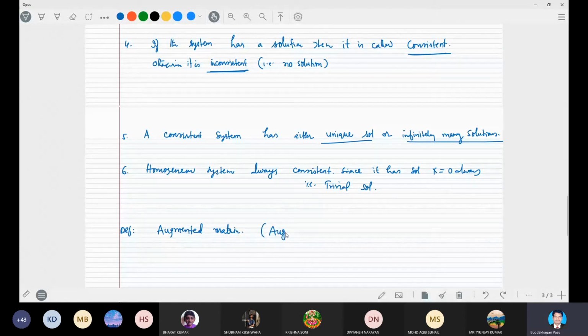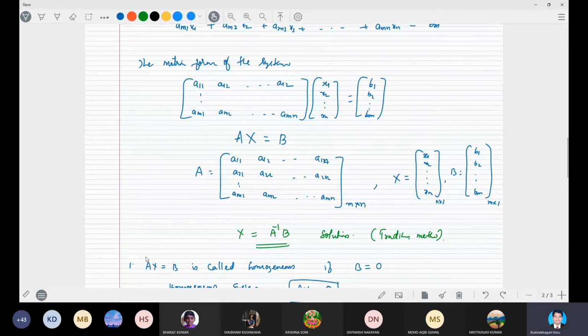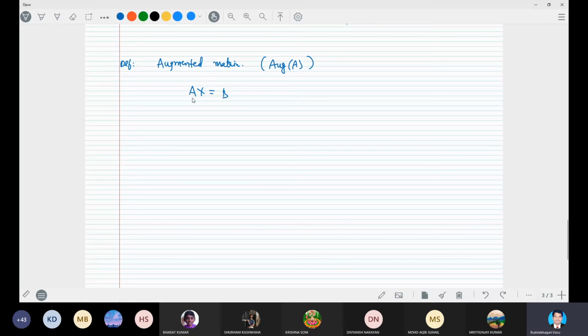For a system Ax = B, in which A is the coefficient matrix and B is the column matrix with the constant values, if you combine both, the augmented matrix is defined by adding the B matrix as one more column: [A | B].